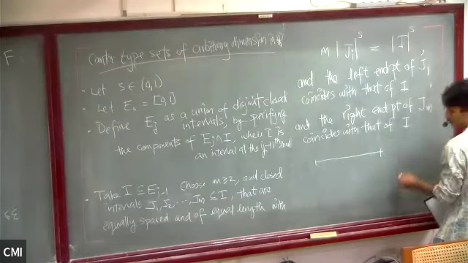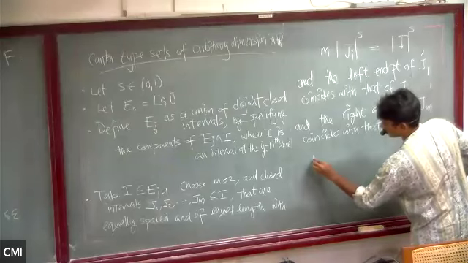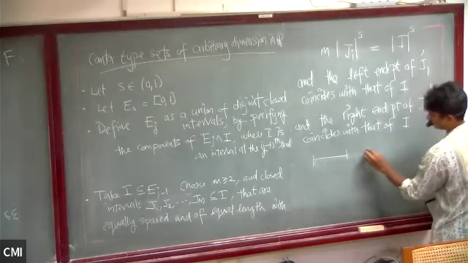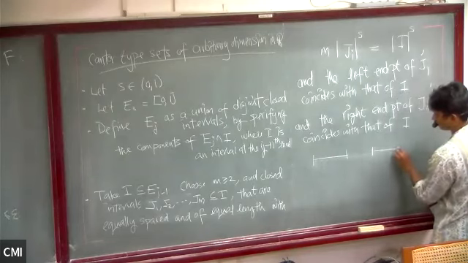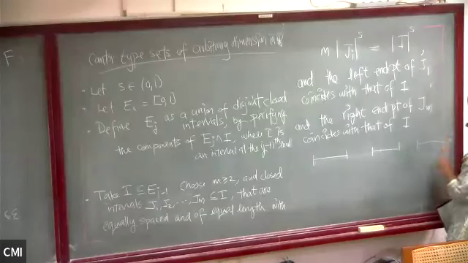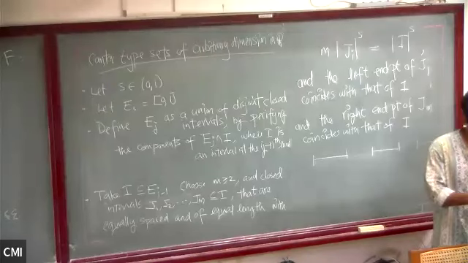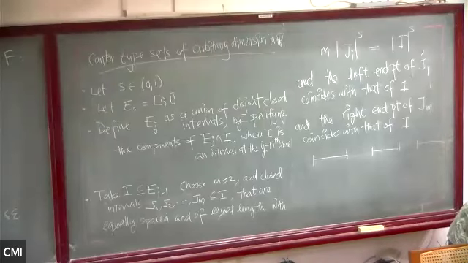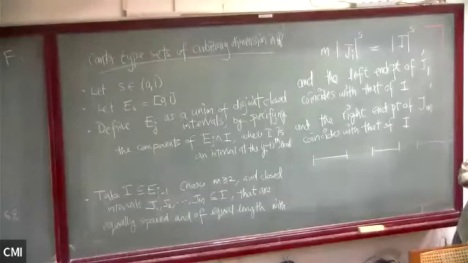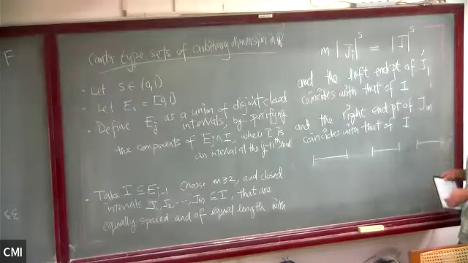In other words, if this is I, maybe I can draw two such levels. At the first level, I'm going to choose three intervals from [0, 1].